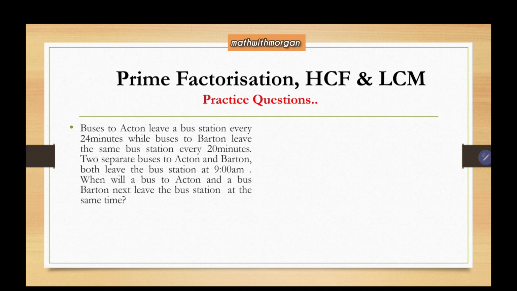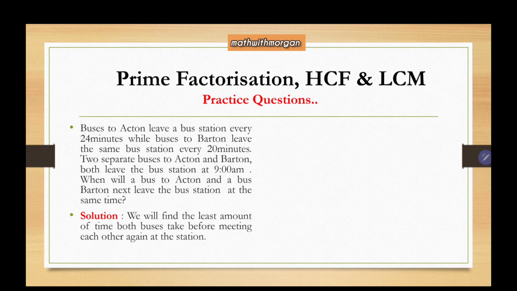Okay. Buses to Acton leave a bus station every 24 minutes, while buses to Barton leave the same bus station every 20 minutes. Two separate buses to Acton and Barton both leave the bus station at 9 a.m. When will a bus to Acton and a bus to Barton next leave the bus station at the same time? So, we need to find the least amount of time both buses will take before meeting each other again.